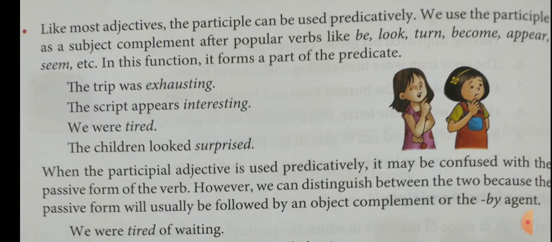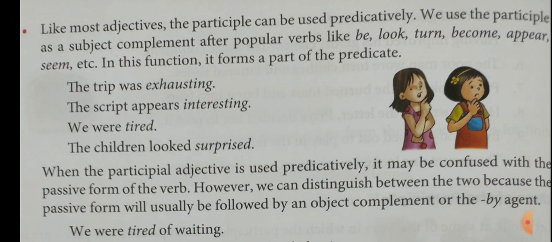Here were tired looks like a passive form, and were embarrassed looks like a passive form. But the passive form is usually followed by an agent, by somebody. So that is the difference between these two things.